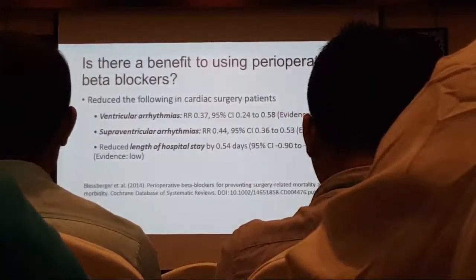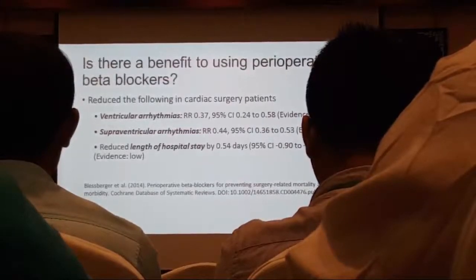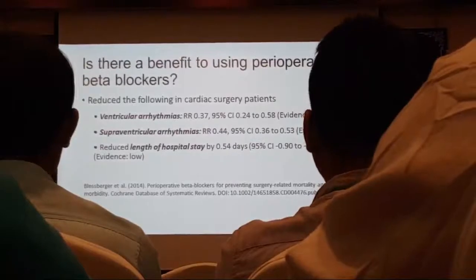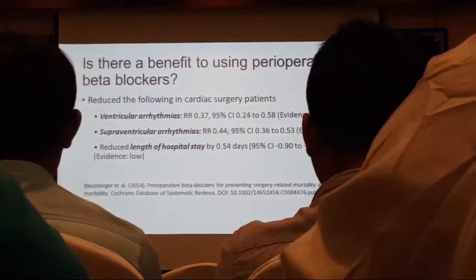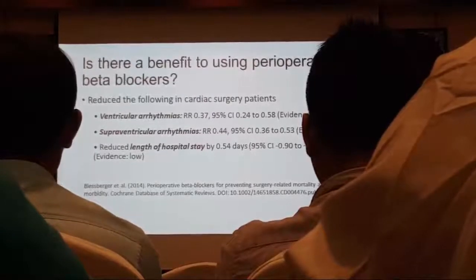So there is some beneficial evidence in terms of using beta blockers in some of our patients that have cardiac disease. Certainly those patients that have been taking beta blockers before they come into the hospital, it's very important we continue them on their beta blockers when they're in the hospital.